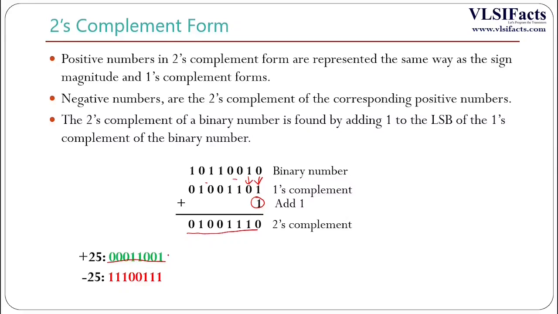So if we find the 1's complement of this number which we have seen in the last slide, that is 11100110. Now adding 1 to this, we will get 11100111, which you can see is nothing but the same number.